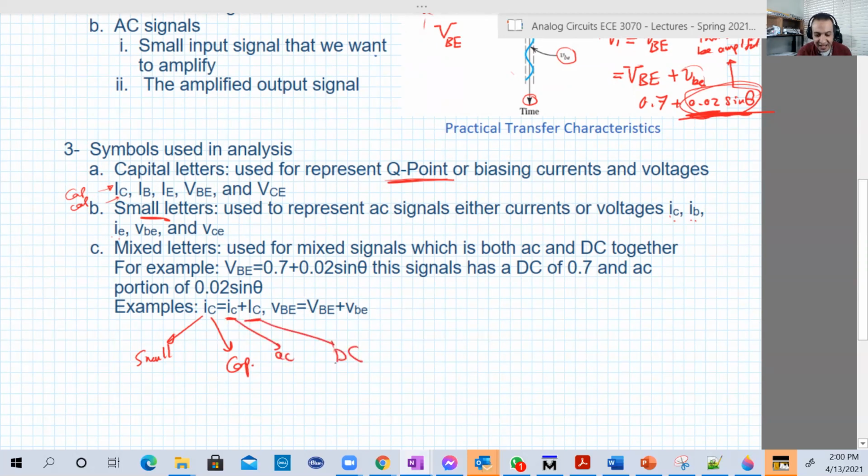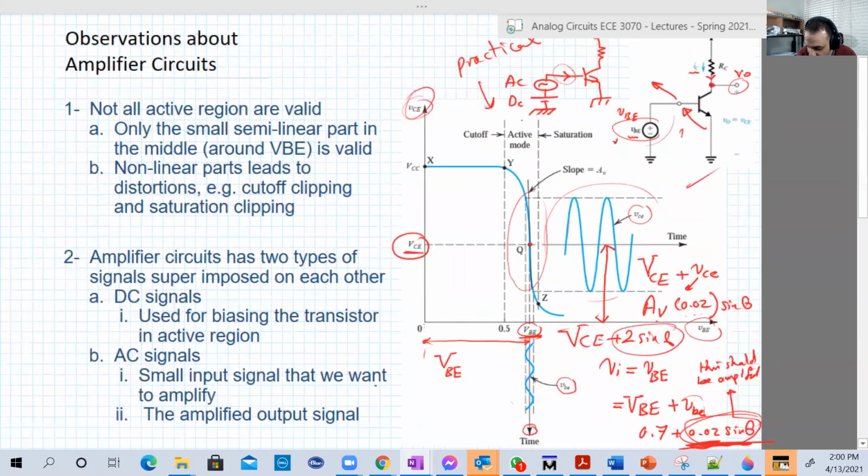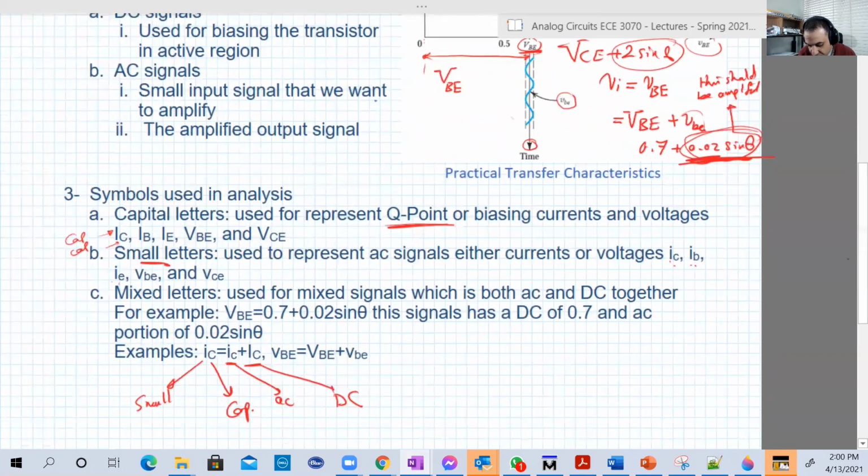Again, for the voltages, v small B capital is the voltage between the base and the emitter. This voltage has two components, an AC component and a DC component. So it is equal to V capital B capital, the DC component, plus v small b small.